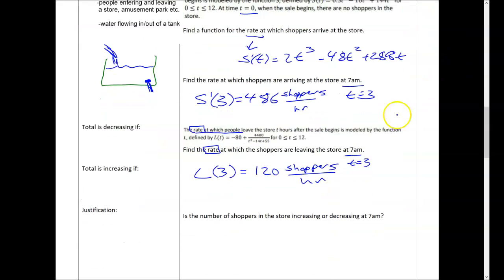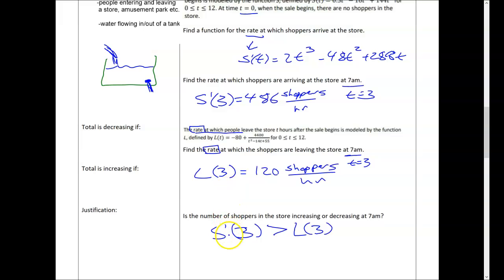So what we could do is say something like this: the number of people entering at 7 a.m., s prime of 3, is bigger than the number of people leaving at 7 a.m., L of 3, right? And our result backs that up. We have 486 versus 120.